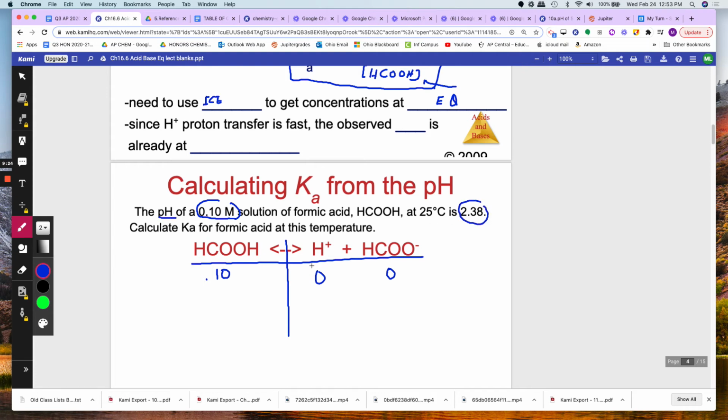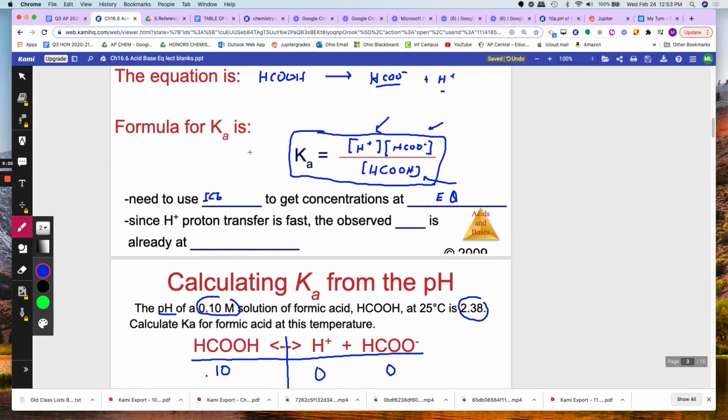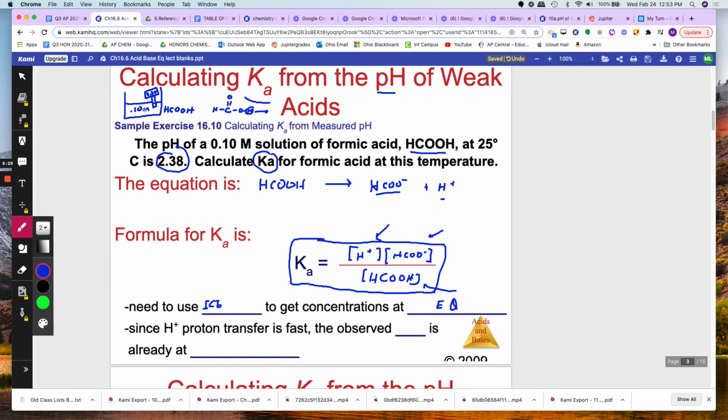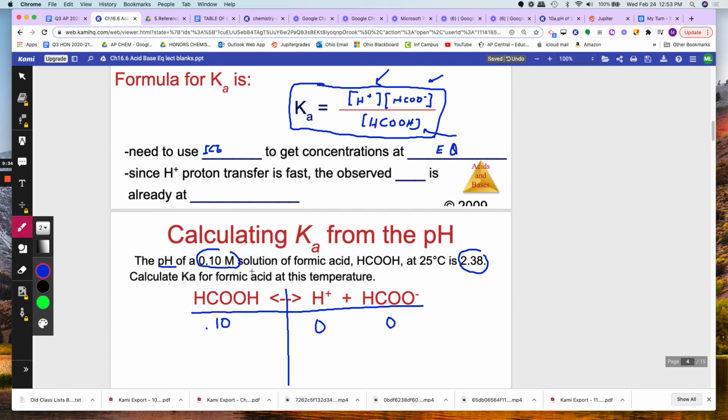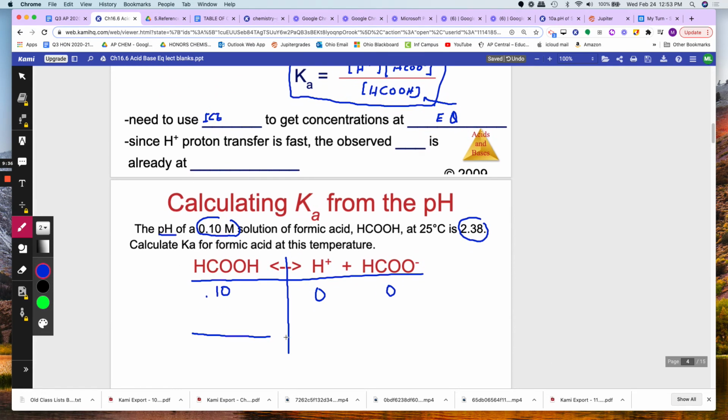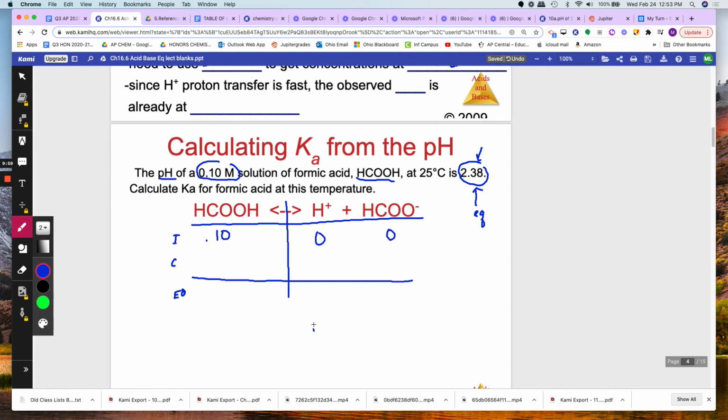So that means when the solution has reached equilibrium, the H plus has come apart, and that pH that you get is already at equilibrium. So you've put the formic acid in water and you've waited a while. You took the pH, so you know this is at equilibrium.